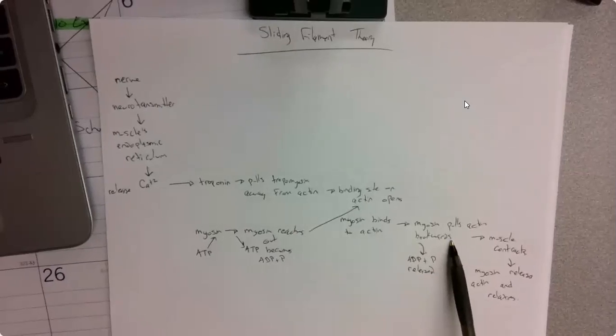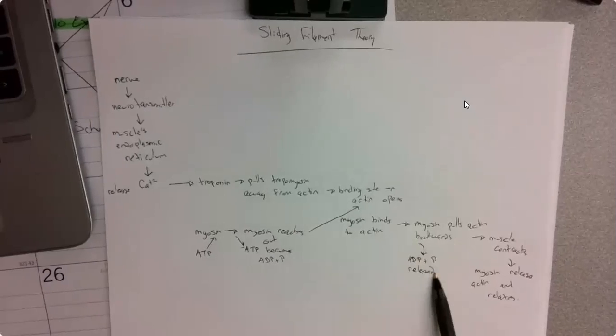As it does that, the ADP and the phosphate is released. It's done its job, it's used up its energy, and the muscle contracts because the actin is pulled backwards, shortening the spaces between the Z lines. Once the muscle contracts, the myosin is going to release the actin and everything is going to relax again.